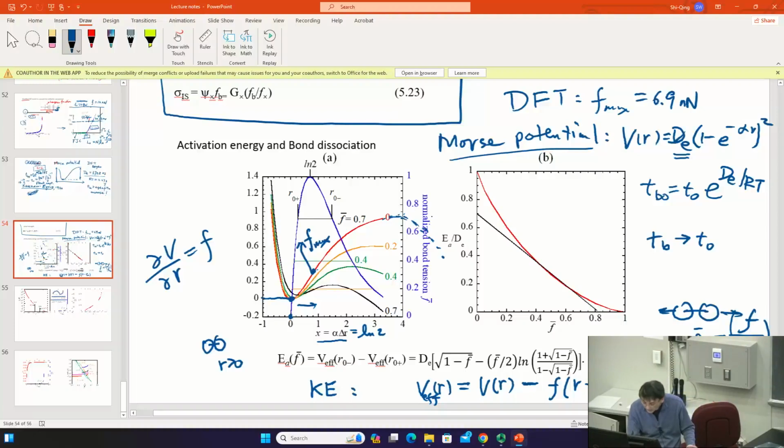If I start to apply a force of 70% of the maximum, then the calculation shows that the black is the effective potential to confine the bond, and the barrier height now is only this much.